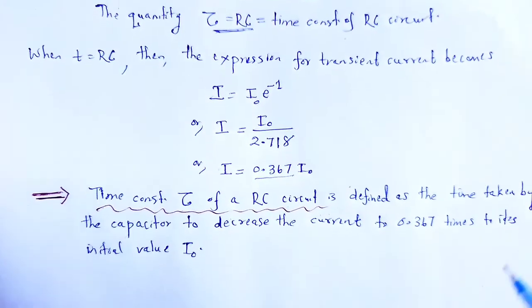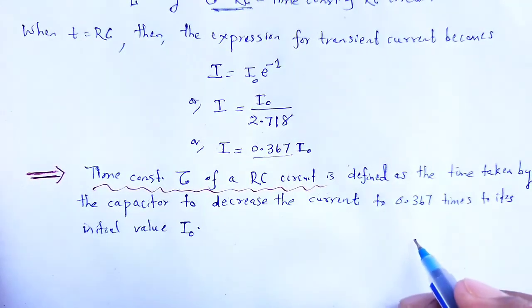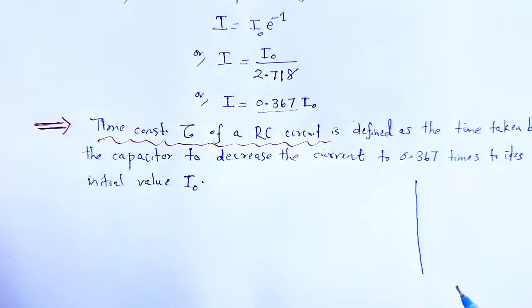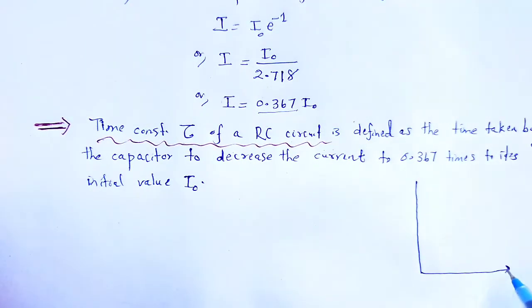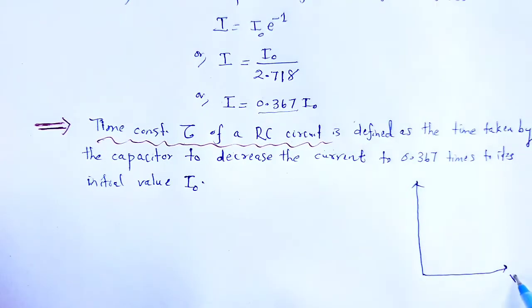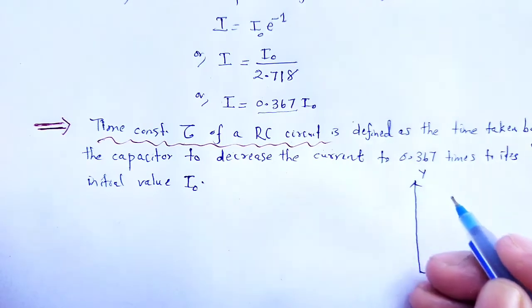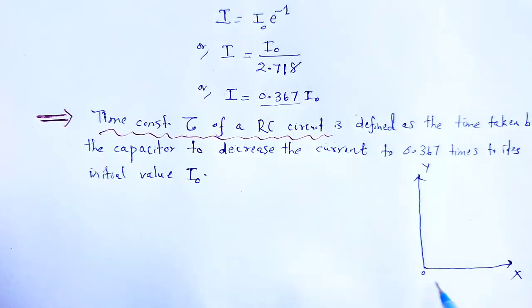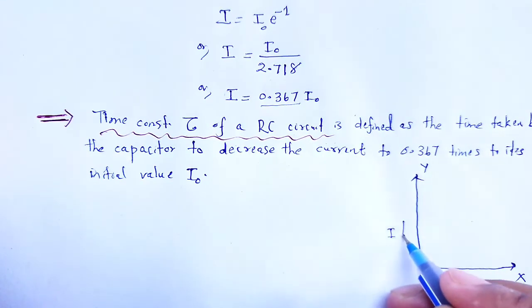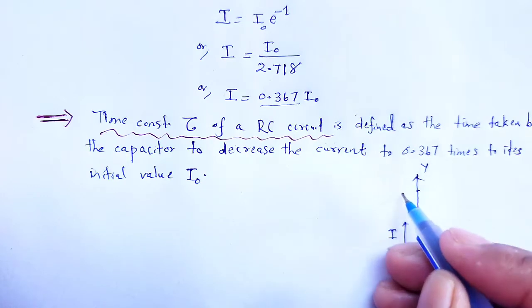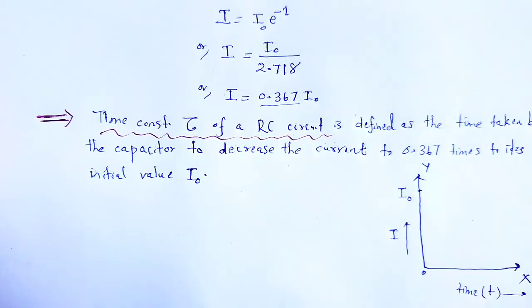If we plot a graph between time and current, time t in the x direction, current I in the y direction, that point is the maximum current I naught.